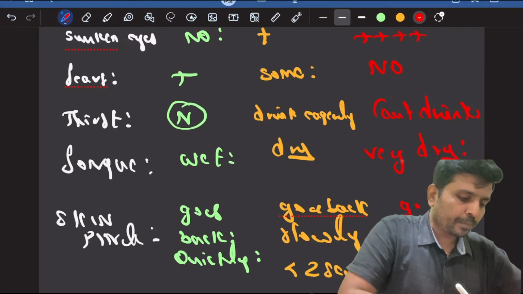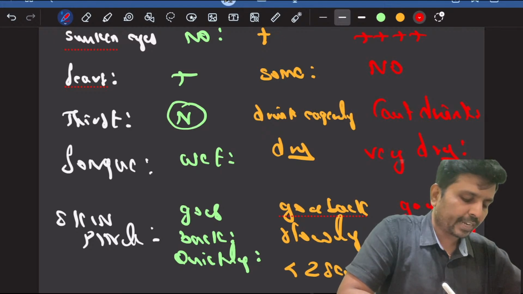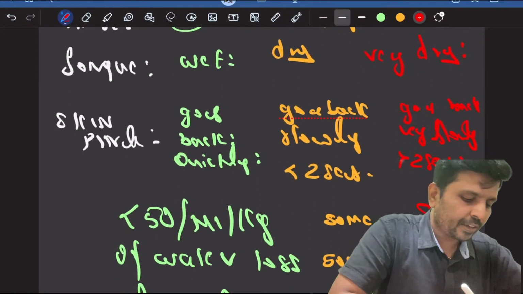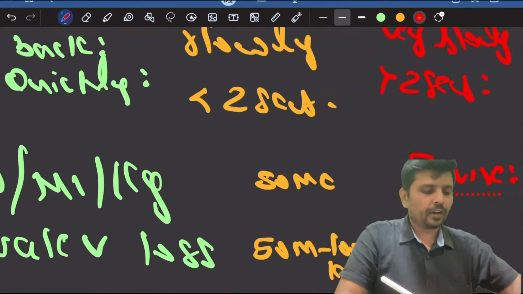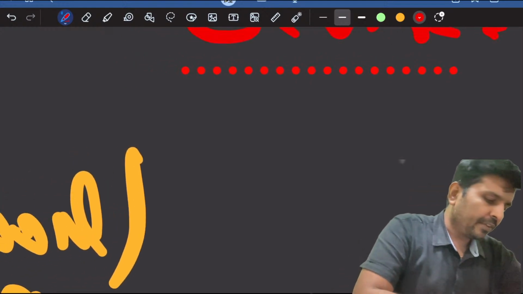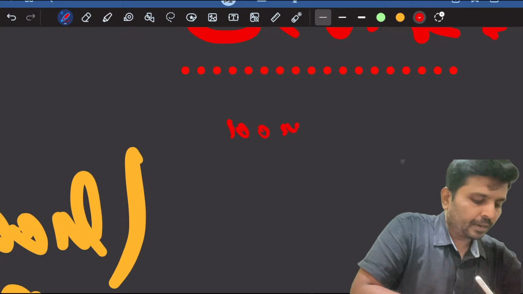Skin pinch goes back very slowly, that means more than 2 seconds. This is called severe dehydration. What is the volume loss? The volume loss in severe dehydration is 100 ml per kg.